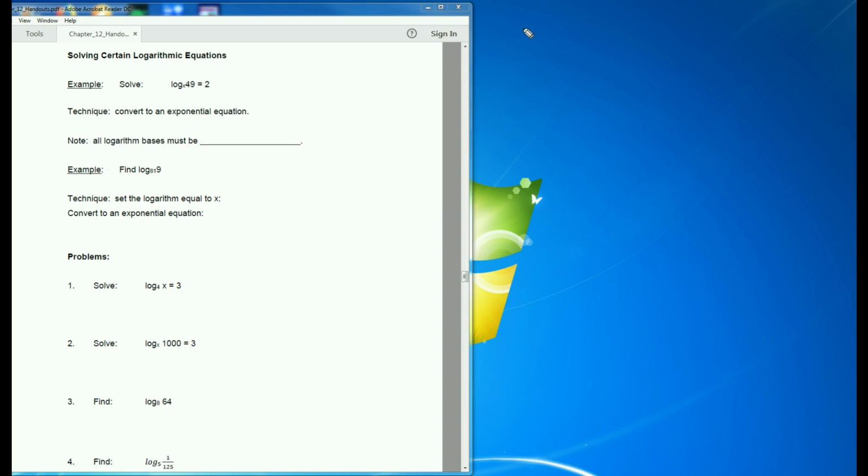So let me just write our relationship up here one more time, where we know that if A to the y is equal to x, that is an equivalent equation to y equals log base A of x.